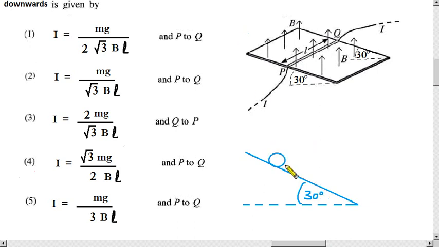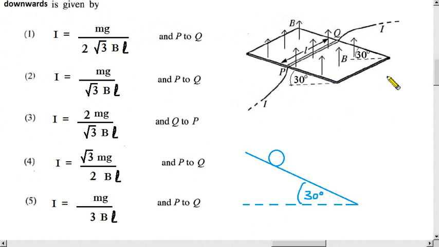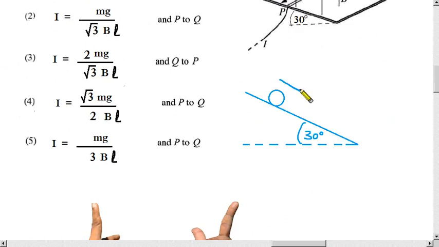Then the wire. What they want us to do is have the wire accelerated by g downwards. So that means this way.